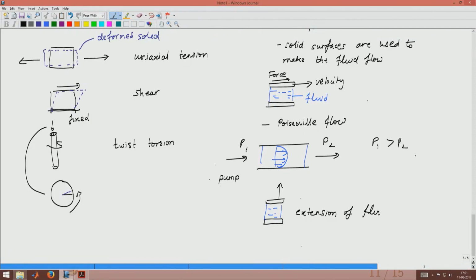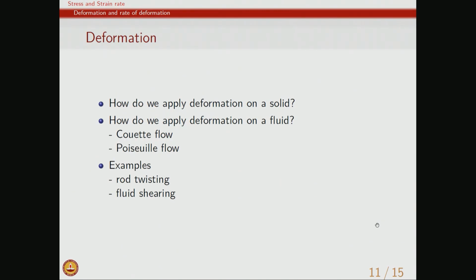So, therefore, similar to solids we can also achieve deformation in fluids. Now let us look at two specific examples. One of them is related to the rod twisting that I discussed, the other is related to fluid shearing.